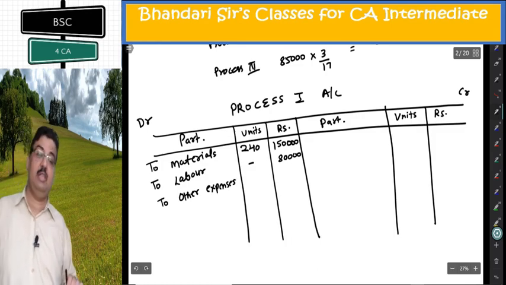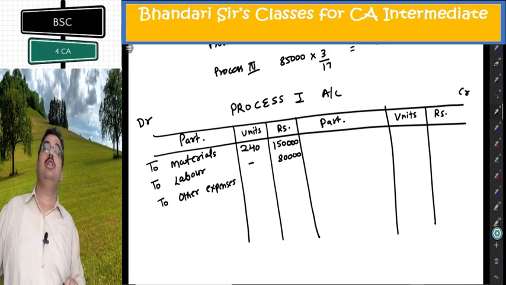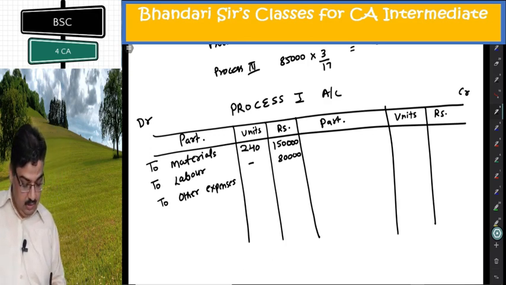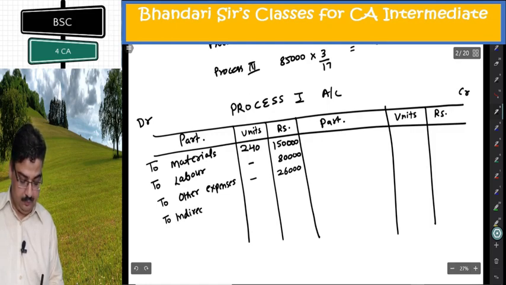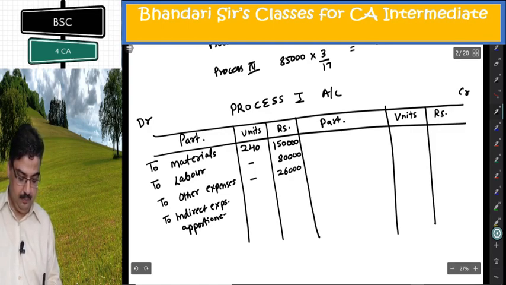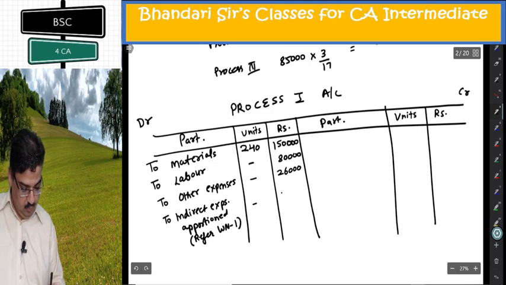Does other expenses include indirect expenses? The answer is no. Indirect expenses is a separate apportioned cost and will come separately. This is 26,000. To indirect expenses apportioned, refer WN1, we computed 20,000 in the first process.